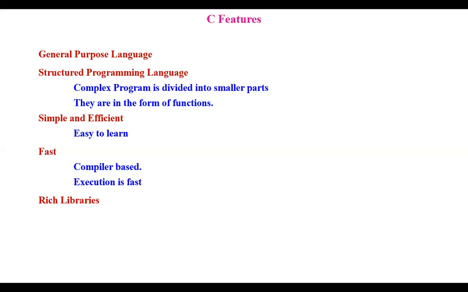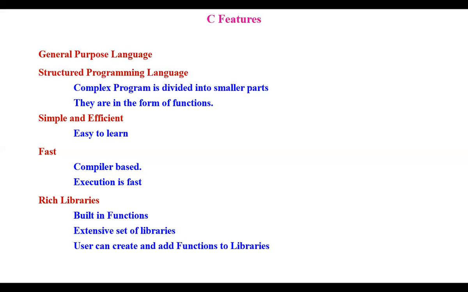Rich libraries. C comes with a bundle of libraries. Means a number of features are available already, and we can make use of these built-in functions. Already C comes with these functions, and we can make use of them. An extensive set of libraries is available, and these libraries can be used for our various purposes while writing the program.